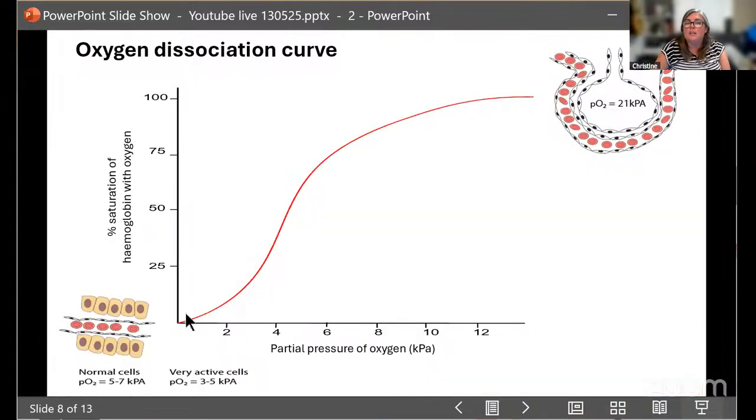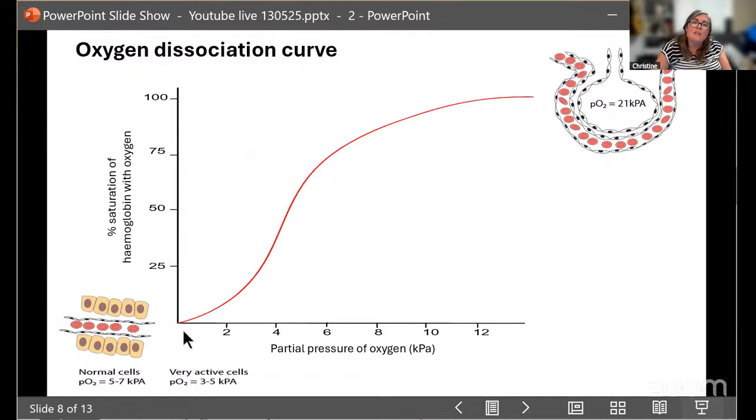What you should know about the oxygen dissociation curve is that the affinity for oxygen is really low at the start. To get that first oxygen molecule to be 25% saturated is really difficult. But the minute the oxygen binds to the prosthetic group, the heme group on hemoglobin, it changes the shape of the hemoglobin molecule and makes it easier for the oxygen to bind.